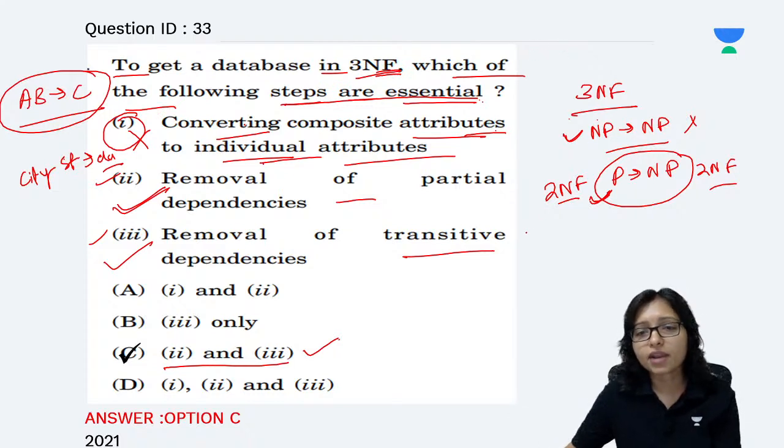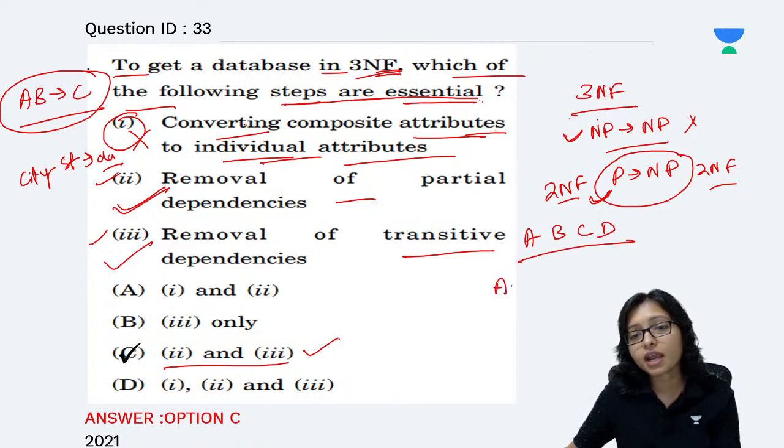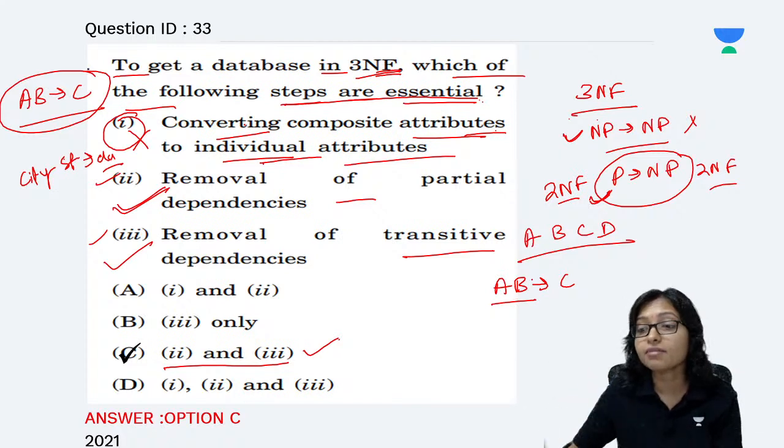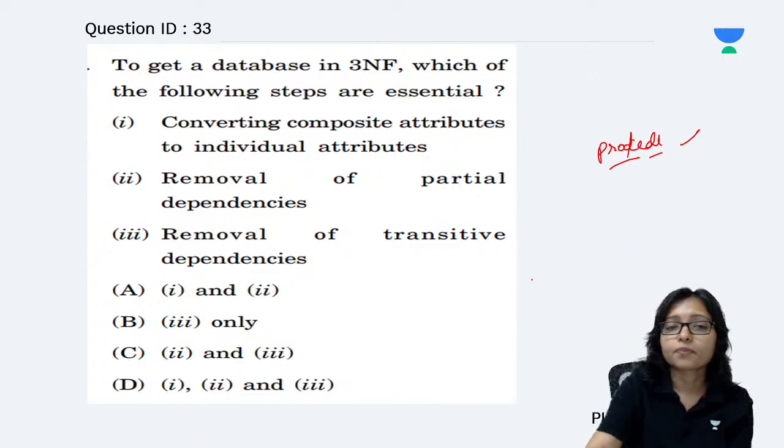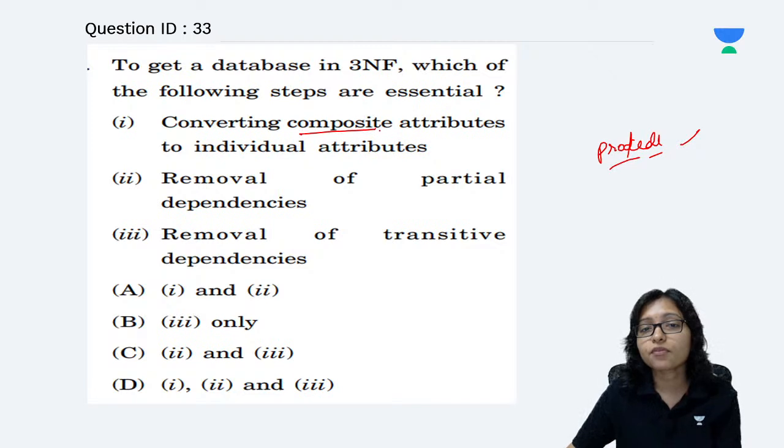Whenever I write a table A, B, C, D, if A, B together determine C, that is possible. So the first option is not a multi-valued attribute. Composite is different, multi-valued is different.